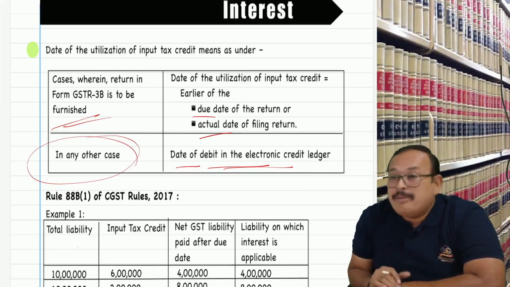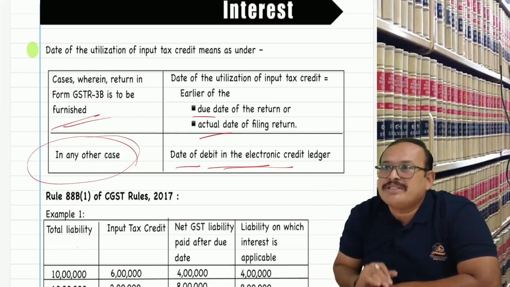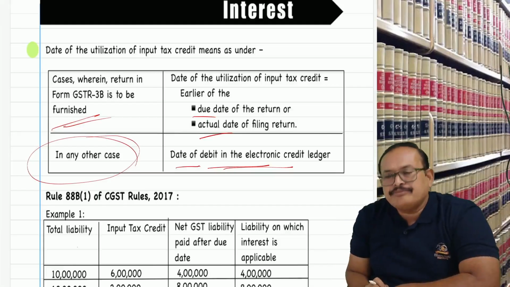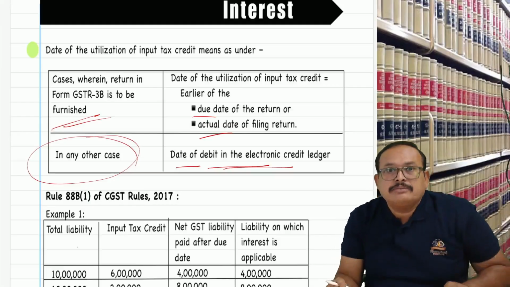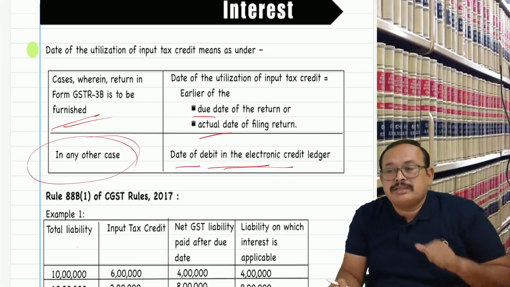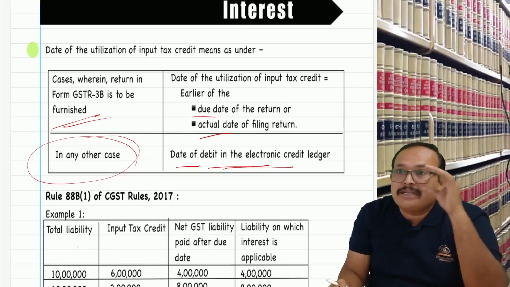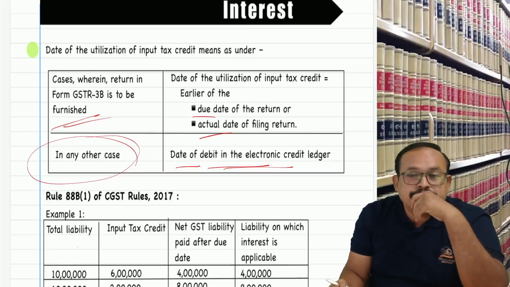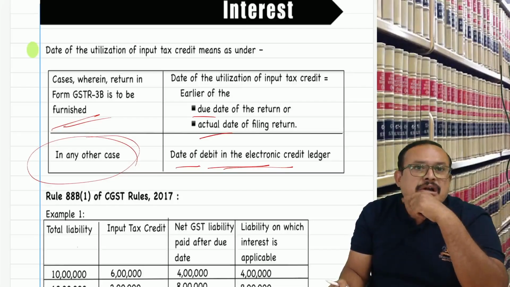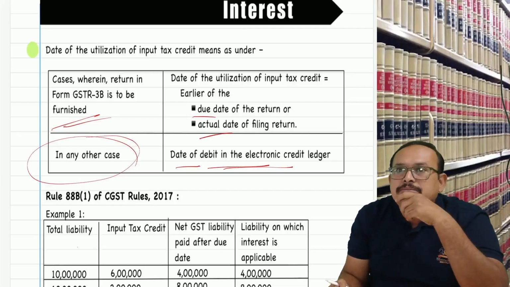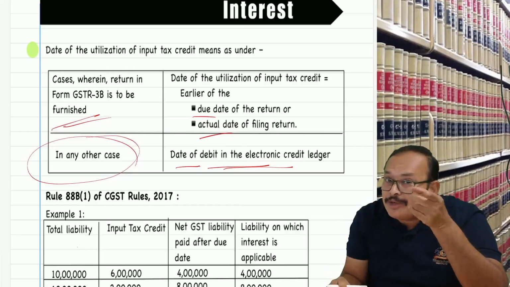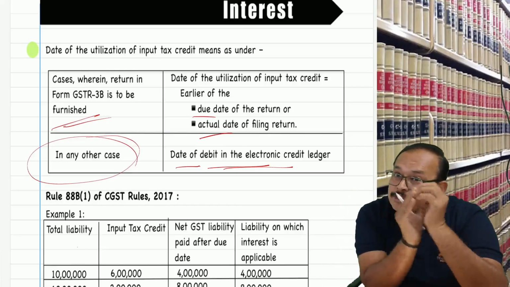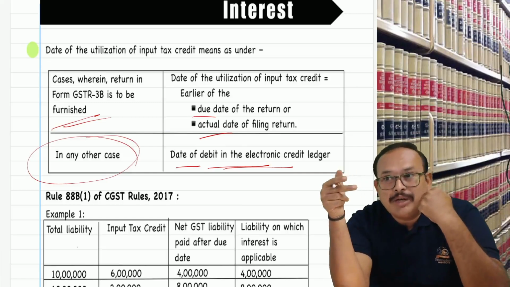I have my liability now of 12 lakhs. I have my credit of 20 lakhs. Out of 20 lakhs credit, 8 lakhs is wrongly availed and 12 lakhs rightly availed. Total credit 20 lakhs, my liability 12 lakhs.